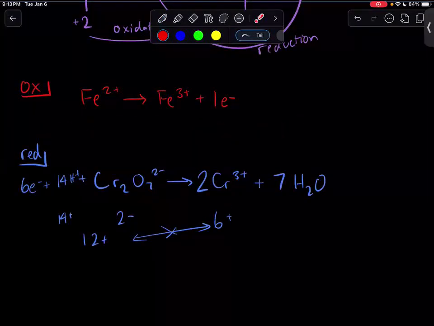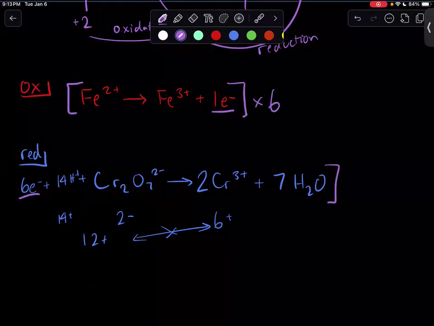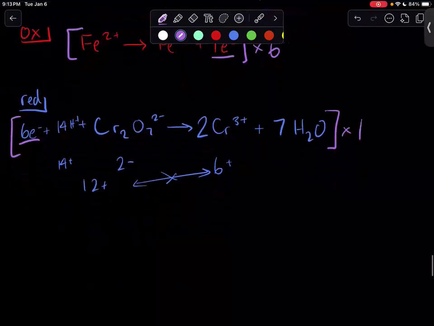All right, these are my two half reactions. So now I need to sum them to find my full balanced equation. Well, I need to balance my electrons, and I know 1 electron will not balance with 6. So what I'll do is multiply my top by 6. I'll multiply my bottom by 1. I know that seems unnecessary, but I'm trying to be thorough in case you have something not 1 later on.